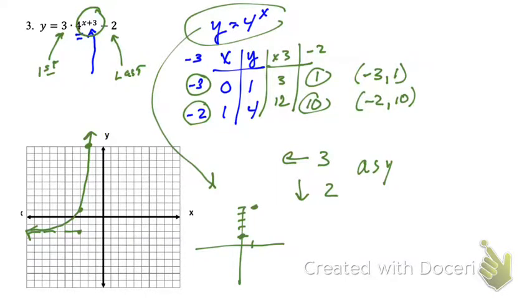What does that times 3 out front do? It makes everything be stretched 3 times further off that x-axis. So like this one here has a height of 1. This has a height of 4. So notice out here, this has a height of 3. This actually has a height of 12. That's what that times 3 does. Okay.